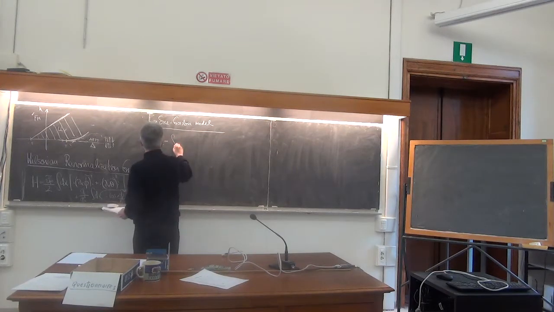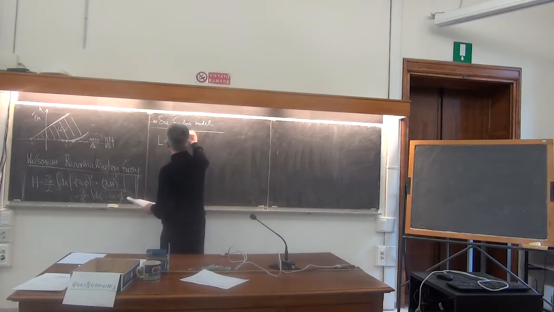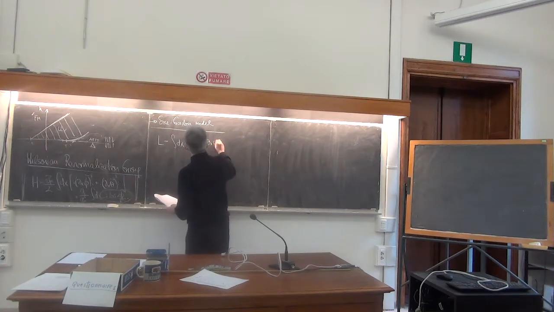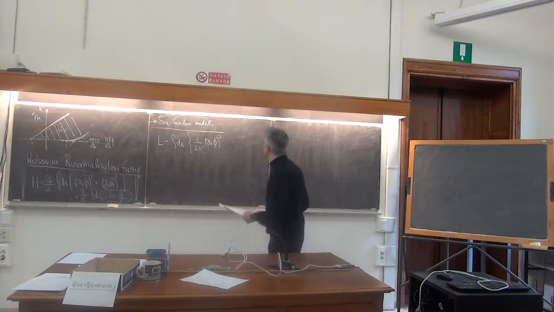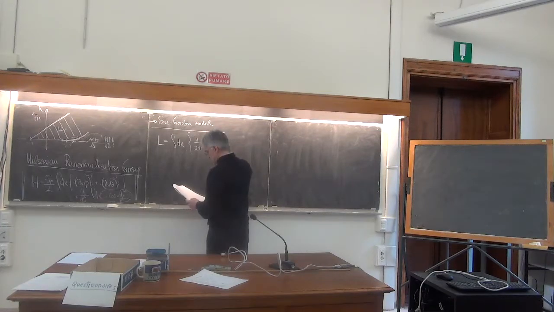So the Lagrangian that corresponds to this Hamiltonian is simply 1 over 2 times (dt phi)^2. And what I will do now is drop all these tildes because I'm sick and tired of writing all these tildes.